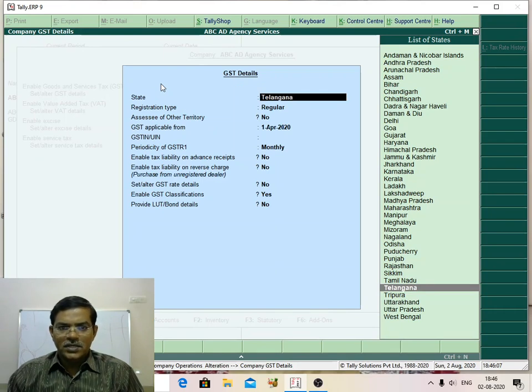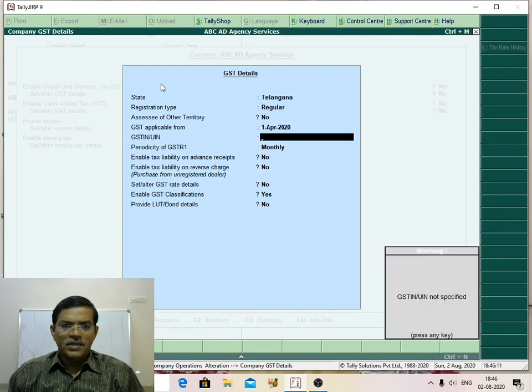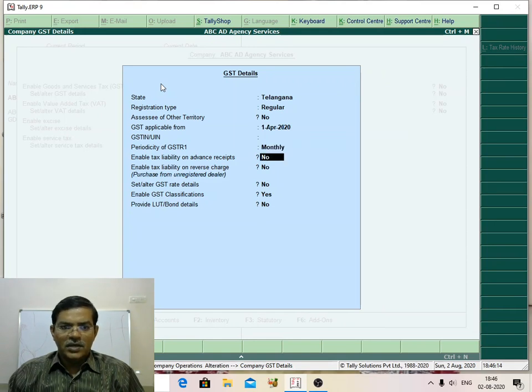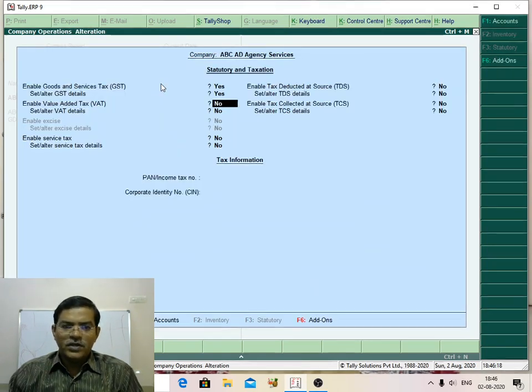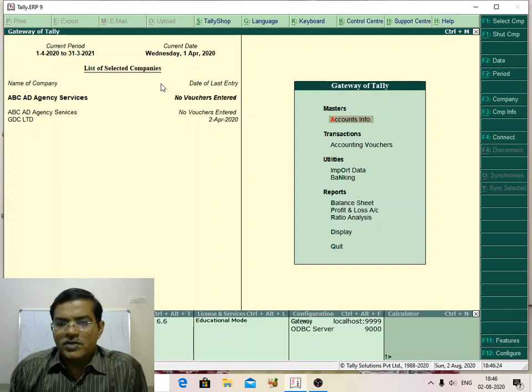Here, state Telangana, registration type regular, it is a monthly return, and taxable is yes. After this, I am going to create some ledger masters to post the transactions of services.